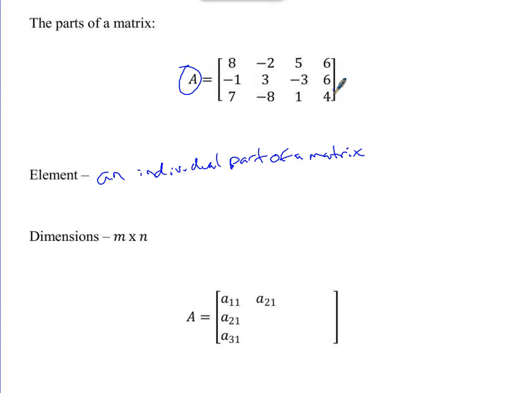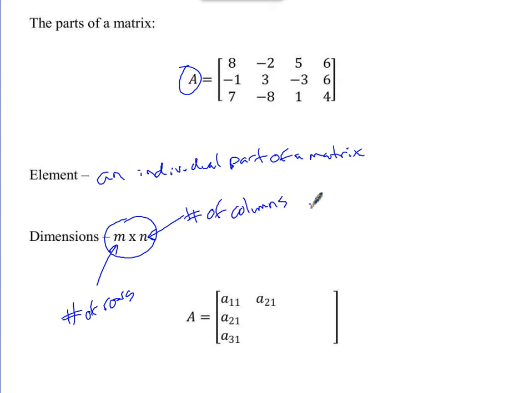The dimensions of a matrix are m by n. M comes before n, so that should be easy to remember. But the question is, what does m represent and what does n represent? Well, m is the number of rows, and n is the number of columns.